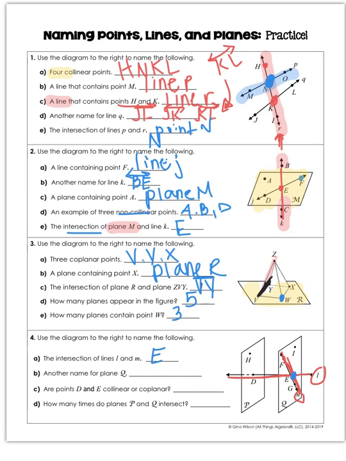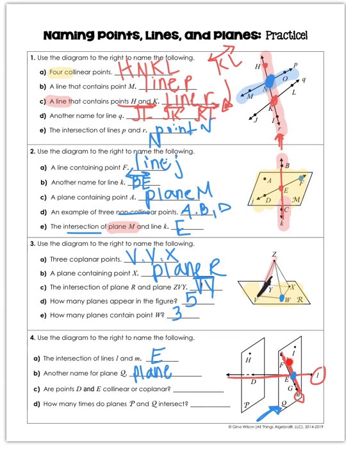Then question B says, another name for plane Q. Remember, when we name planes, we can also name them with 3 non-collinear points on that plane. If I'm looking at plane Q, which is over here, I just need to find 3 points, and we can call it plane, and then list the 3 points that are non-collinear.